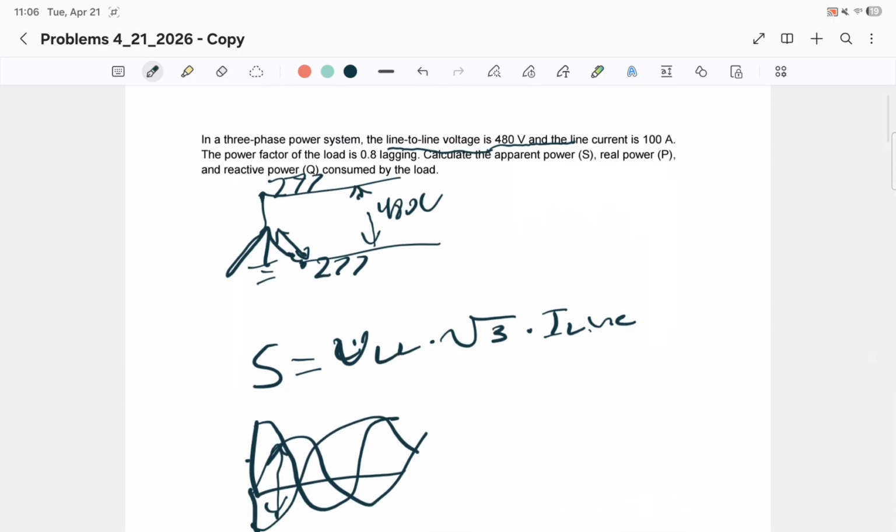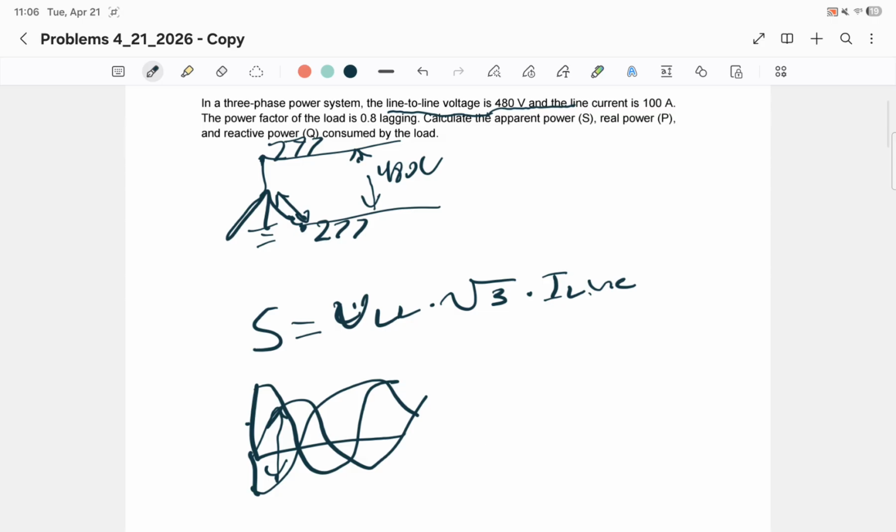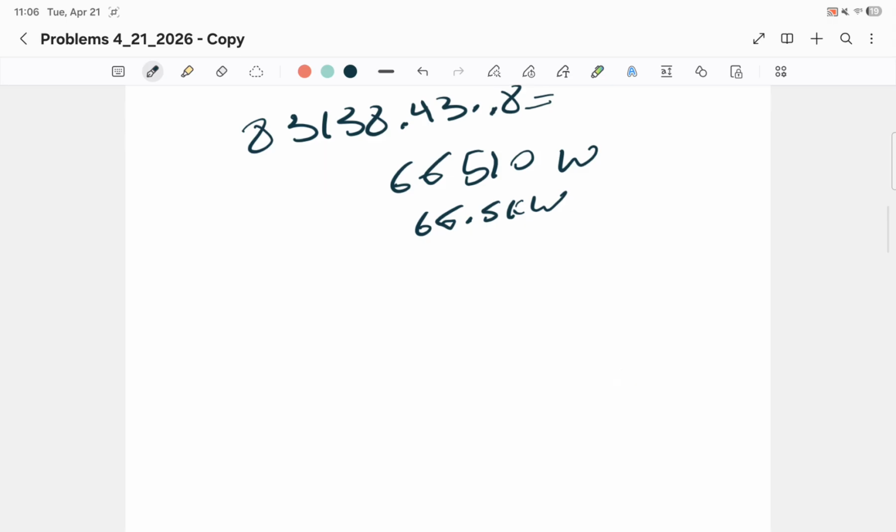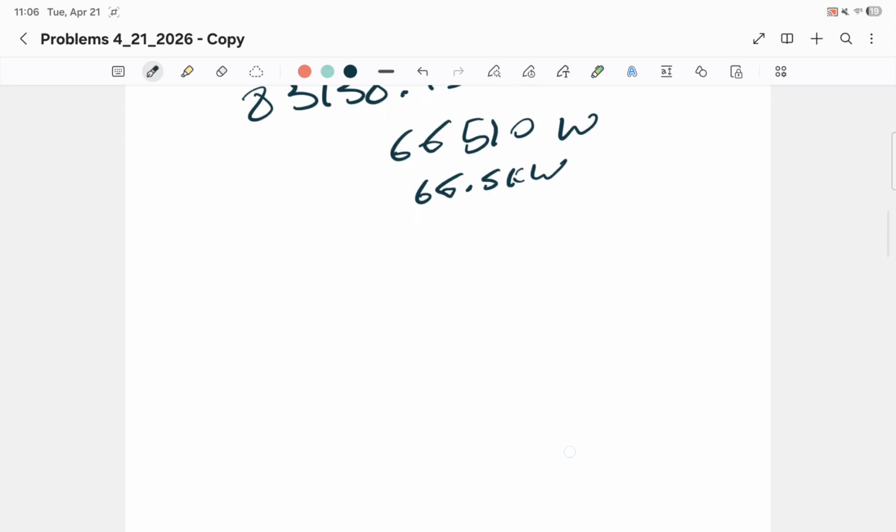And then for the reactive power, you're going to want to do Q is equal to the square root of apparent squared minus the real power squared.